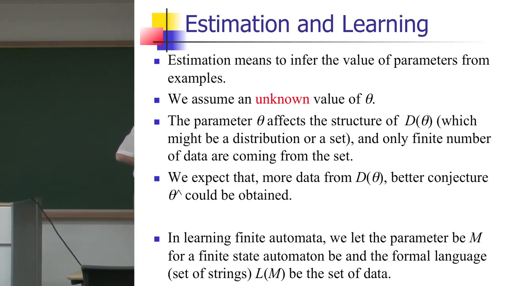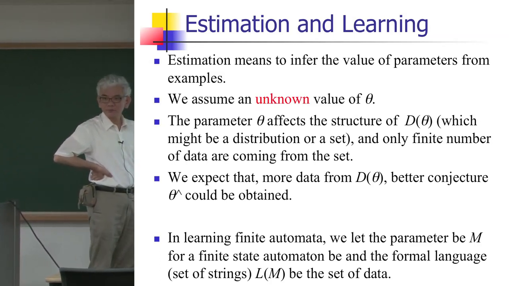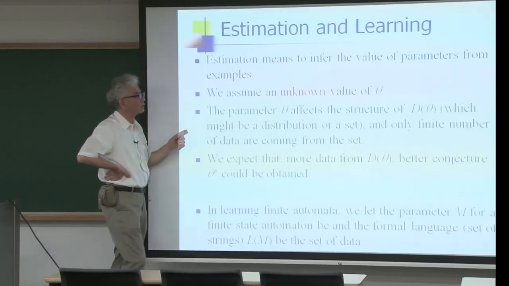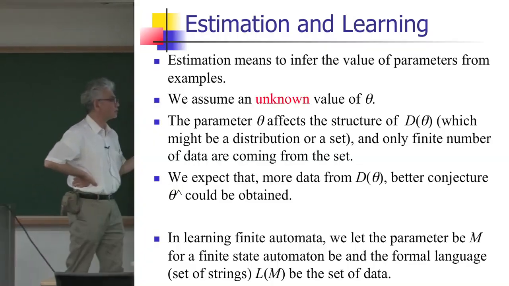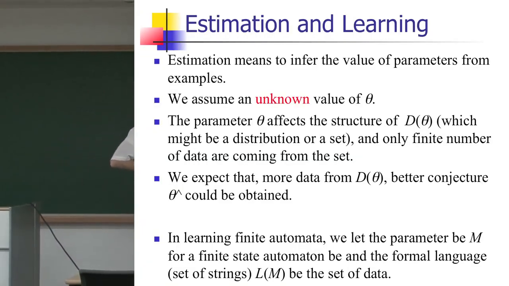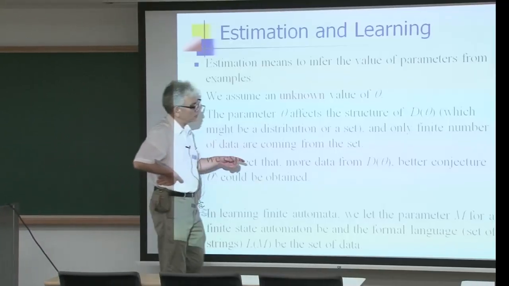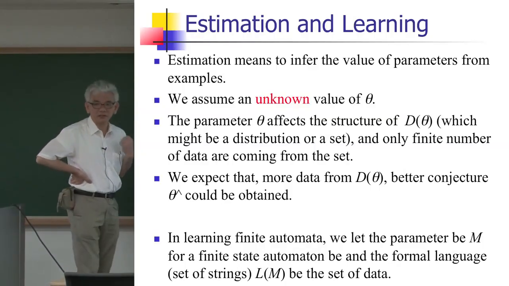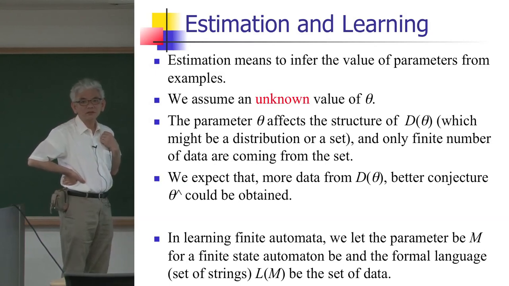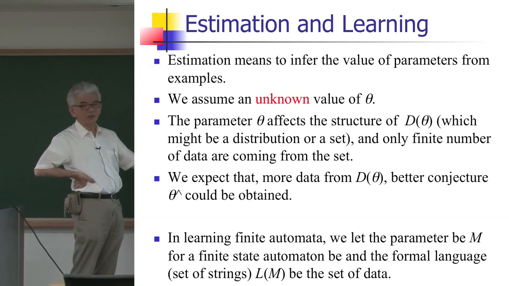The parameter theta determines the structure of D of theta. In statistics, it is a distribution on data, but in our theory, it's just a set. And only a finite number of data are coming from the set or distribution. And we expect that the more data from D of theta, the better the conjecture that could be obtained. This is a key idea or fundamental foundation of estimation.